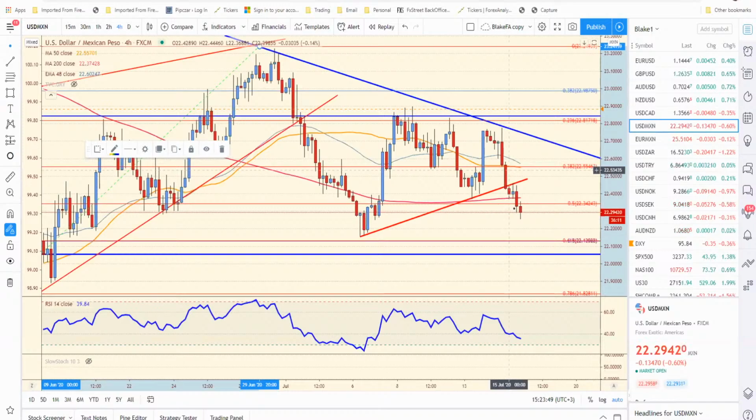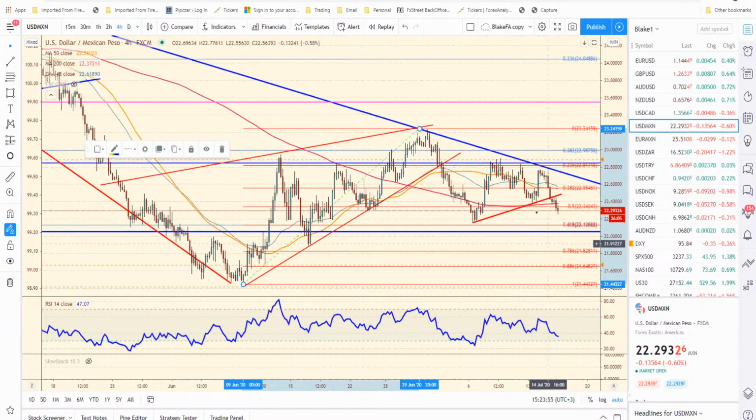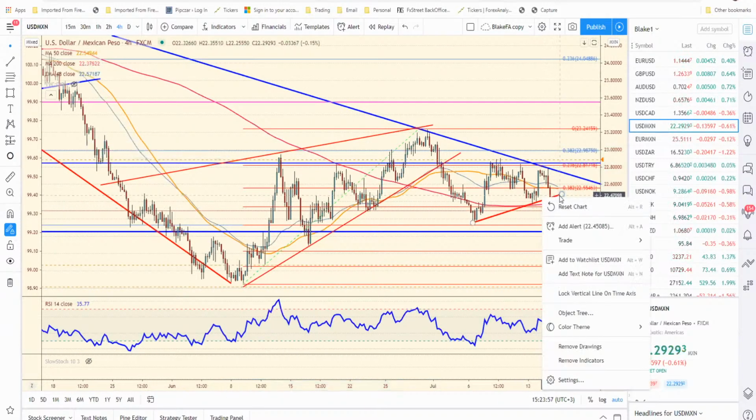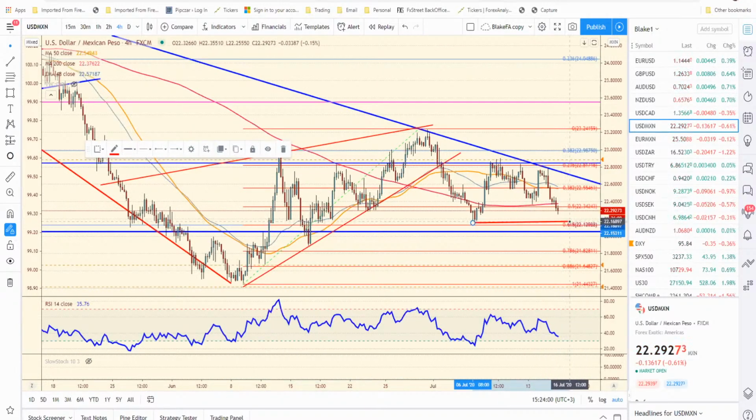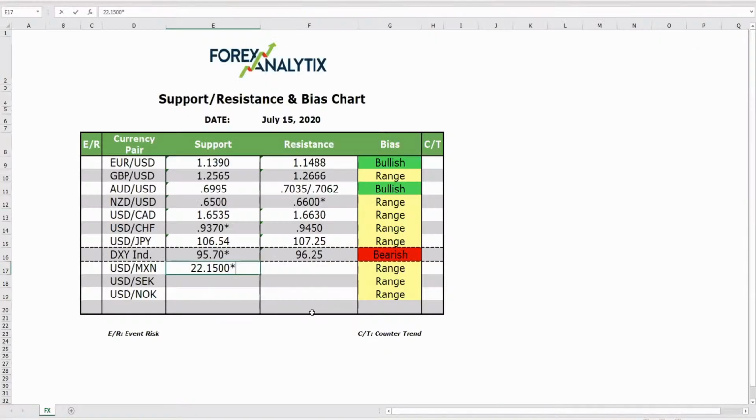Okay. Resistance, let me get rid of this really quick. Resistance still is 2279. And while we're below that, let's just call it 2280, you have to assume that we're in a bearish trend.